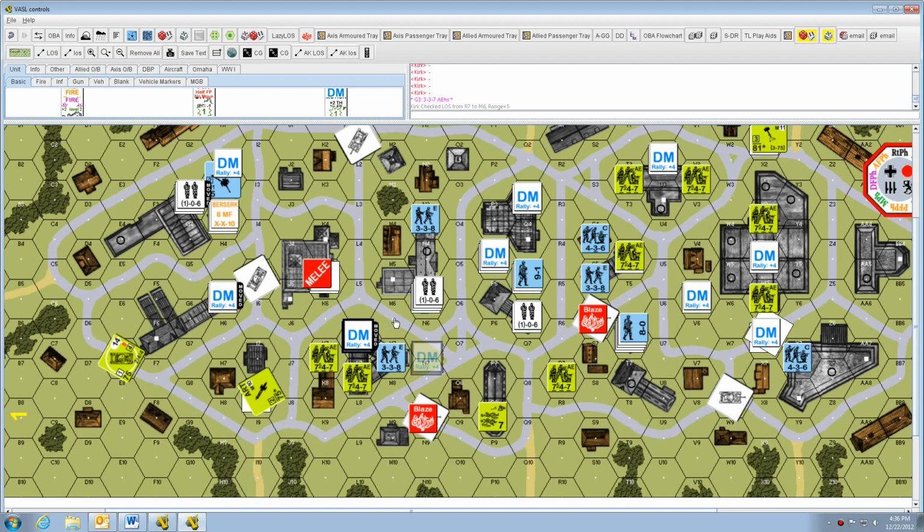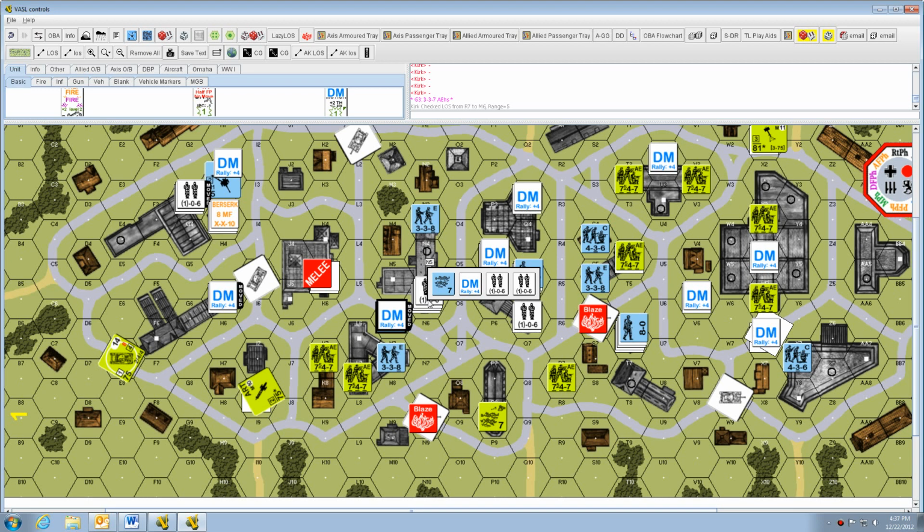The actual answer to this rule is yes, he can actually enter into M6 because, to be interdicted, he must be within the normal range of an enemy in line of sight. In this case, the American player has a range of 4 hexes. So 1, 2, 3, 4. So it's a long range shot. So this American player cannot interdict this German player in M6.